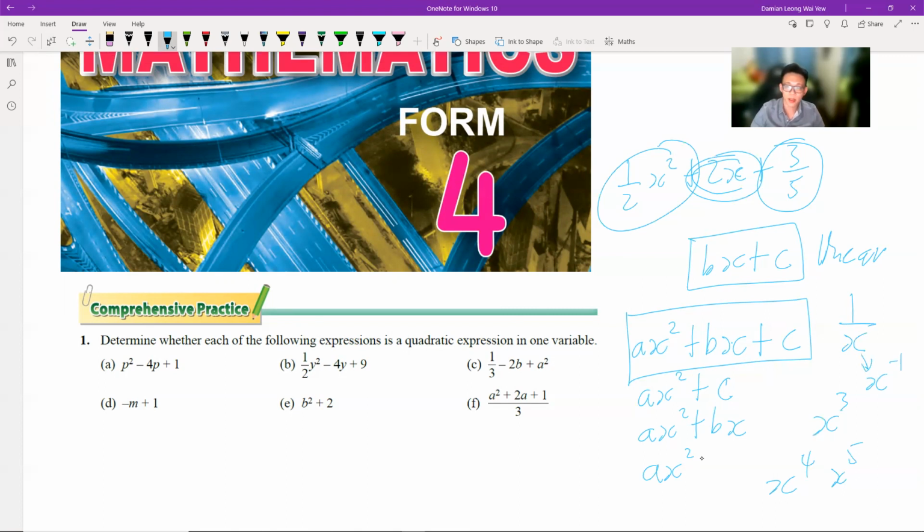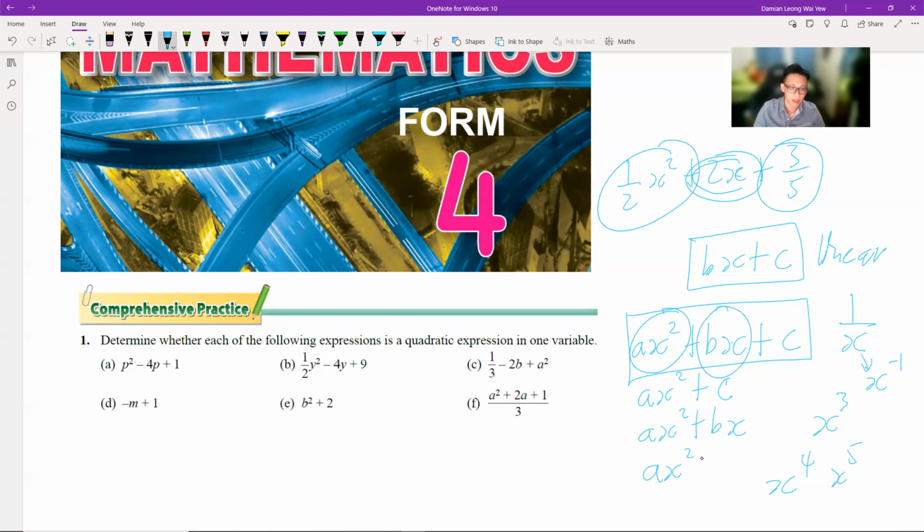So your power cannot be less than 0 or more than 2. It can be power 0, which means just your number. It can be power 1, which is your x. It can be power 2, which is your square term. But it cannot be higher than that, and cannot be lower than that.